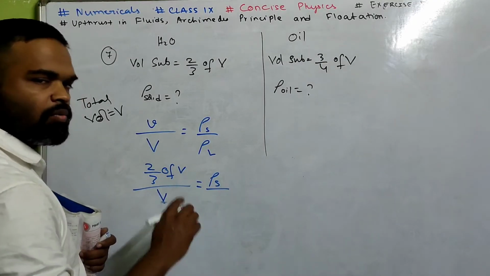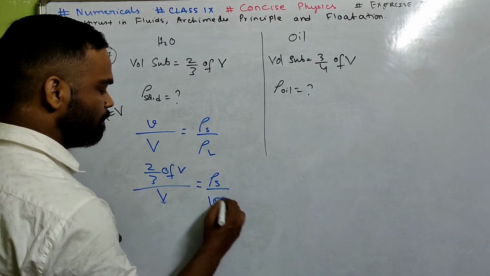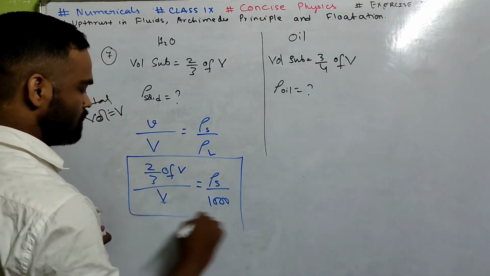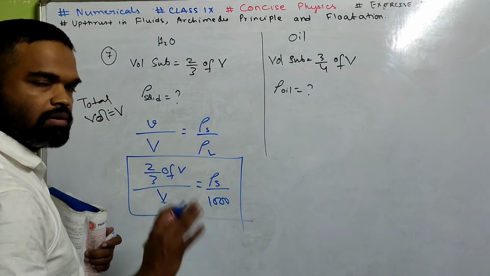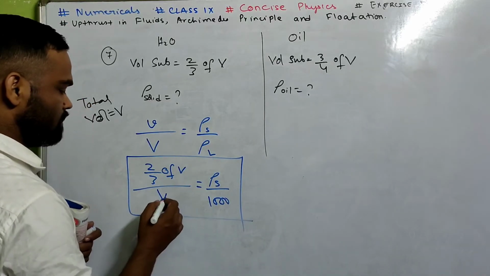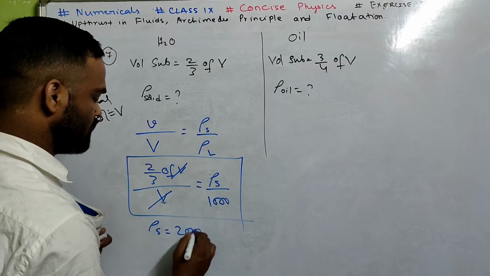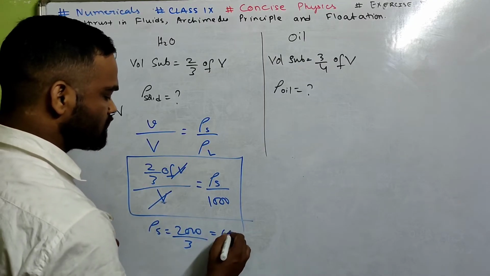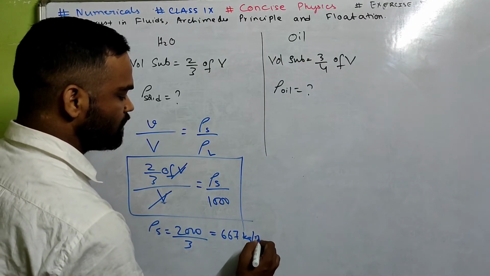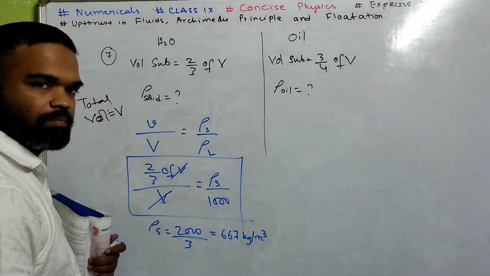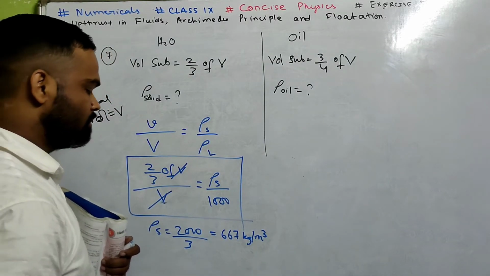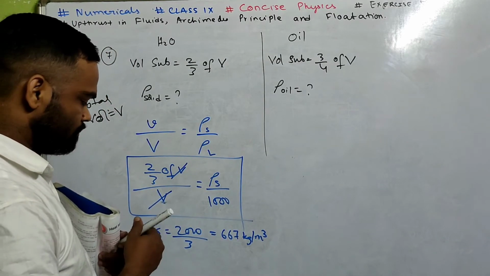Rho of the liquid, which is water, is 1000 kg per meter cube. Yes or no? Water, we know the density. V cancels out, so rho S becomes 2000 by 3. That is 667 kg per meter cube after rounding off.